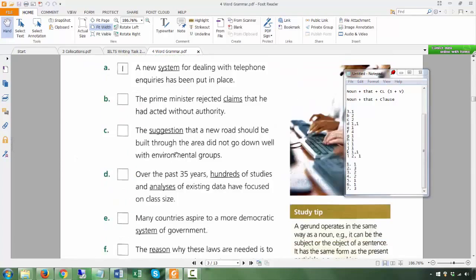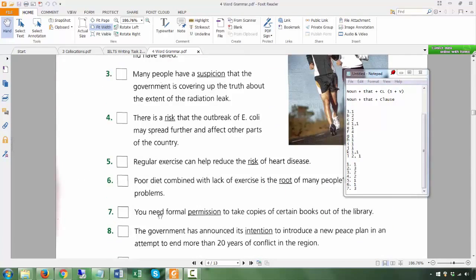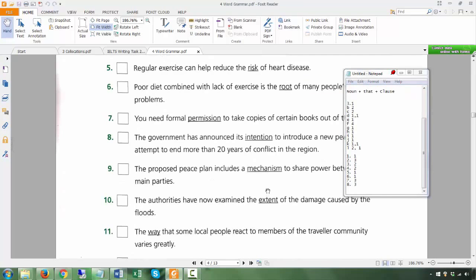Which is 2 plus number 3. Yep. So 2 plus take, the base verb of take. Remember, base verb is the verb without the ing, the ed, the s. 8, intention to introduce, again 2 plus base verb, 2 plus introduce. 9, mechanism to share, 2 plus base verb, 2 plus share.